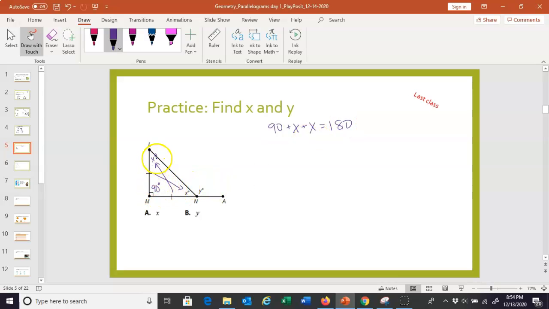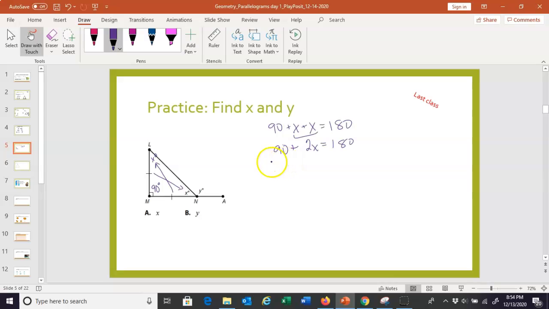I took these three angles and we're going to add them up to equal 180 degrees. You can always try it and see if it will work, because these are the same variables. Now we're going to solve basically an algebra equation. We're going to combine like terms. So 1x plus 1x is 2x.